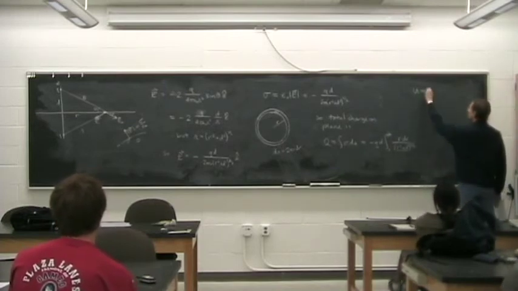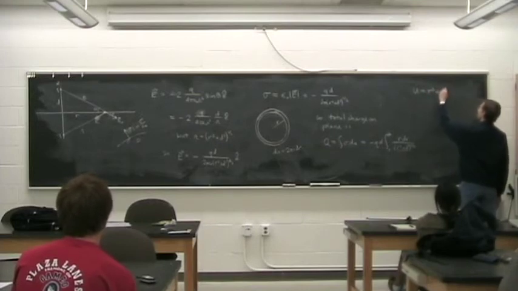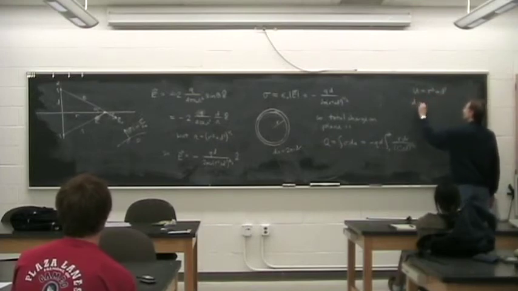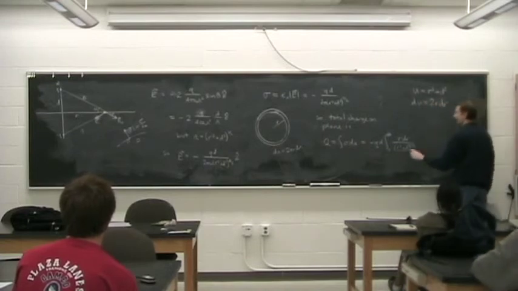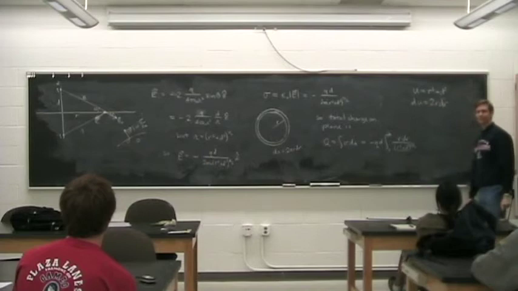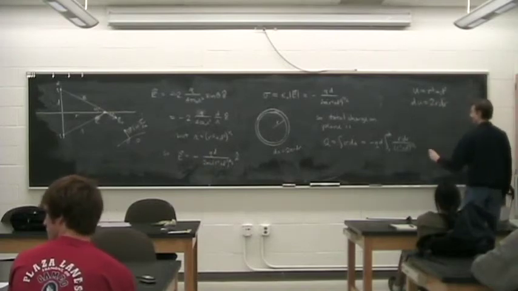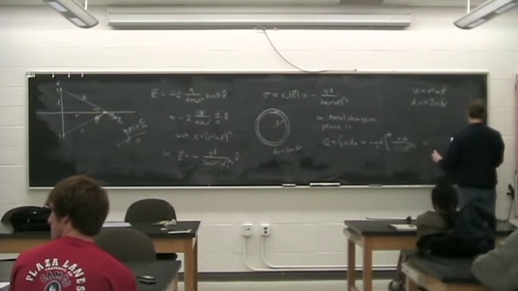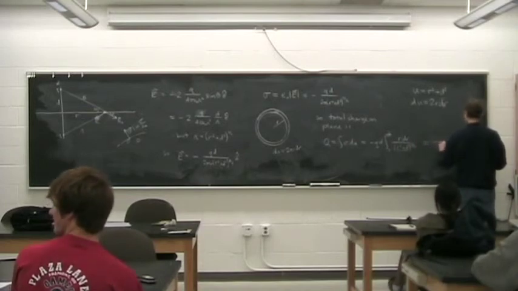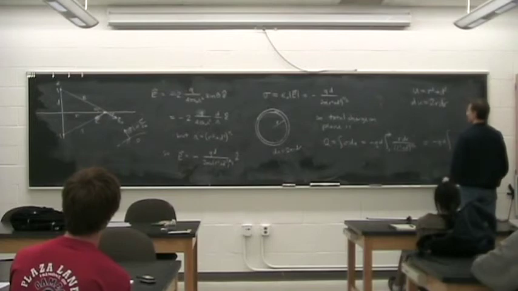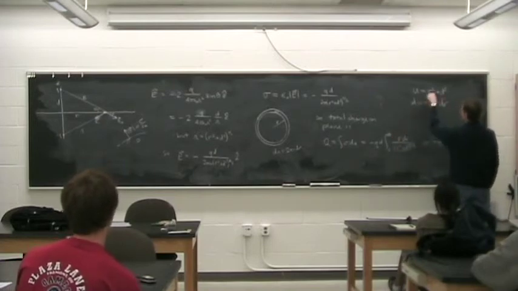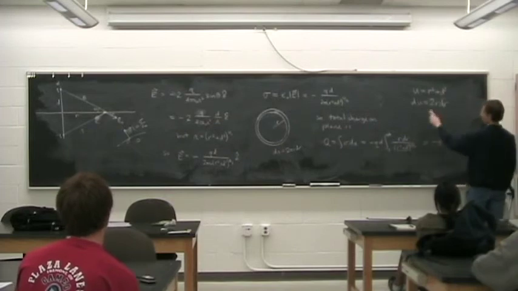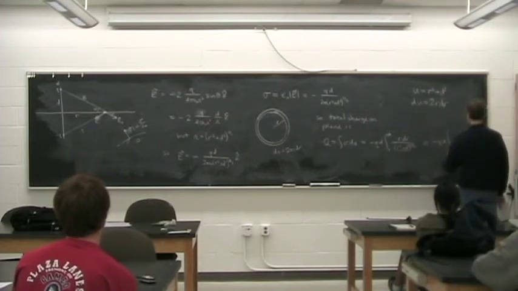You say u is equal to r squared plus d squared, and du is 2r dr, and then you say, oh look, it's a perfect differential. I can do this by substitution. And so this is minus qd times the integral, where u goes from d squared to infinity.